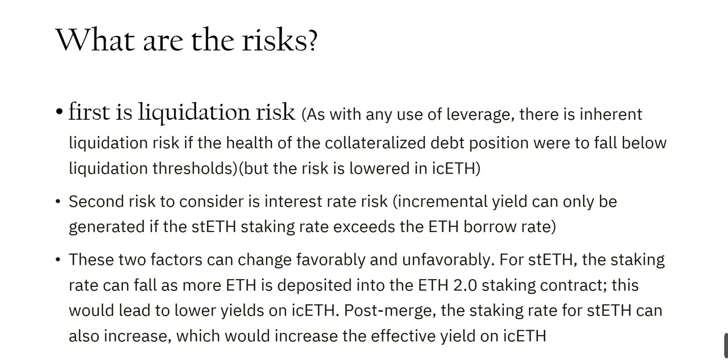For stETH, the staking rate can fall as more Ethereum is deposited into the Ethereum 2 staking contract. This would lead to lower yields on icETH. Post-merge, the staking rate for stETH can also increase, which would increase the effective yield on icETH.